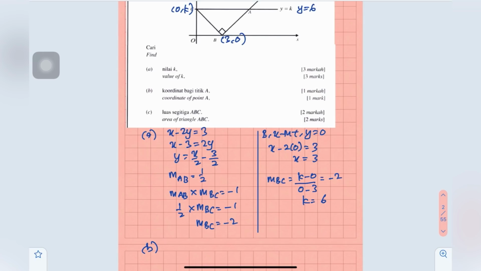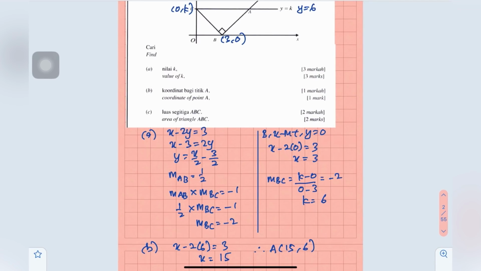So substitute x minus 2 times 6 equals 3. So dapatlah x equals berapa ni? 15. Okay. So therefore kalau x 15, so kita dapatlah point A 15, y tadi 6, okay, itulah.